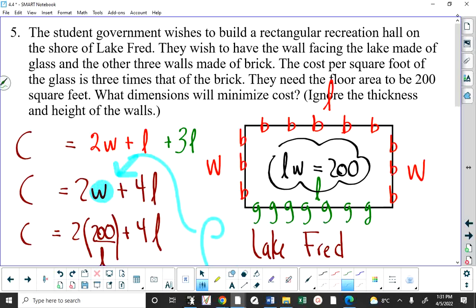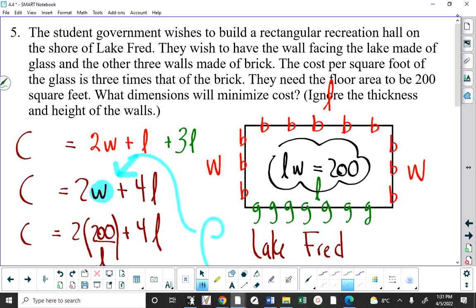Any questions with number 5? Yeah. Okay, so you're basically trying to find the smallest perimeter because that would be the smallest cost, right? No, because the walls cost different amounts. But if it costs the same, then you just take the square.